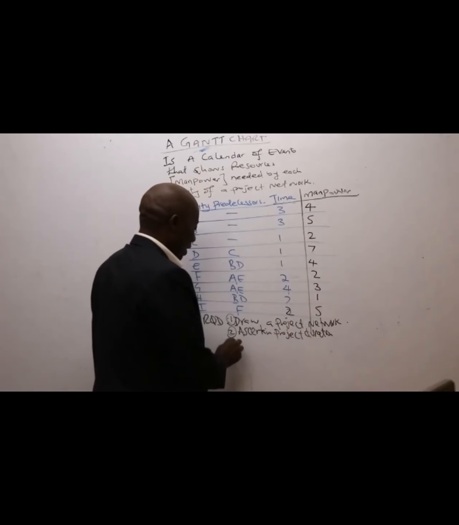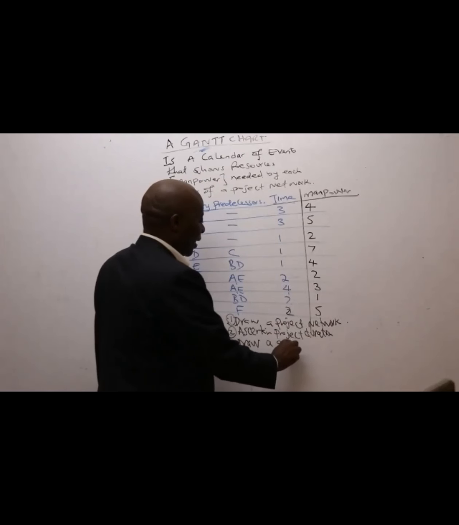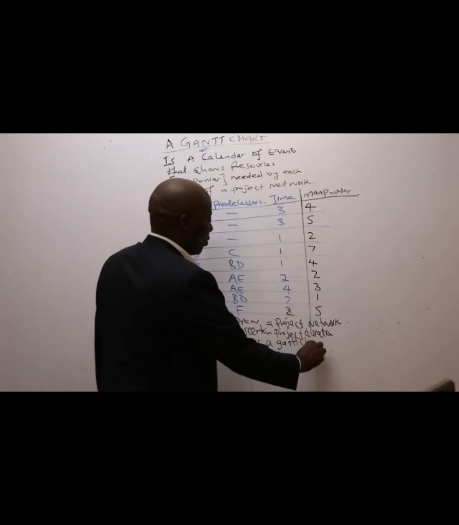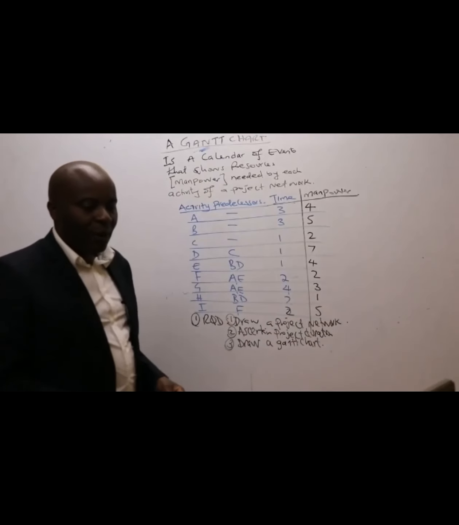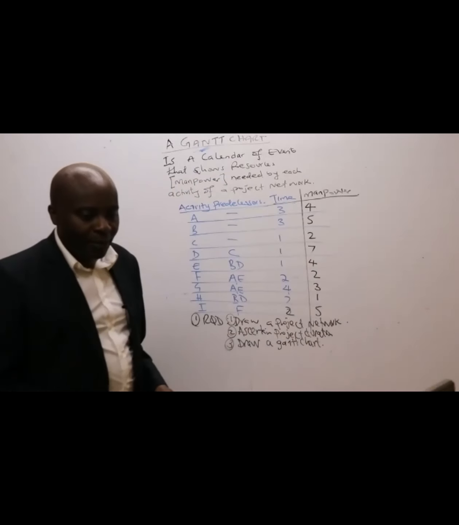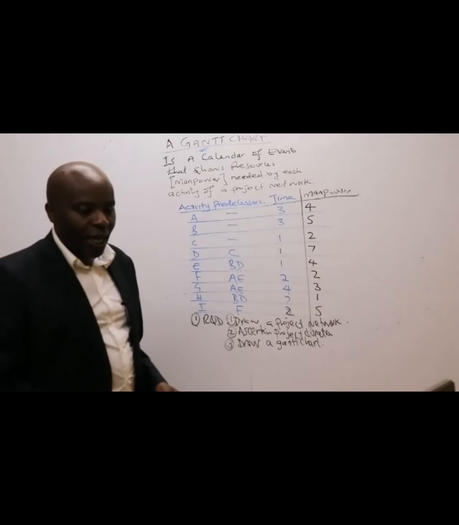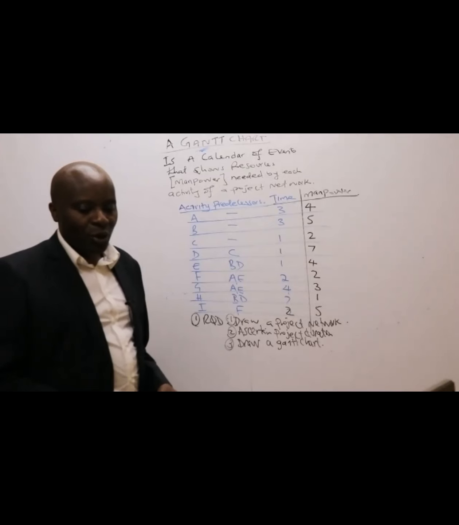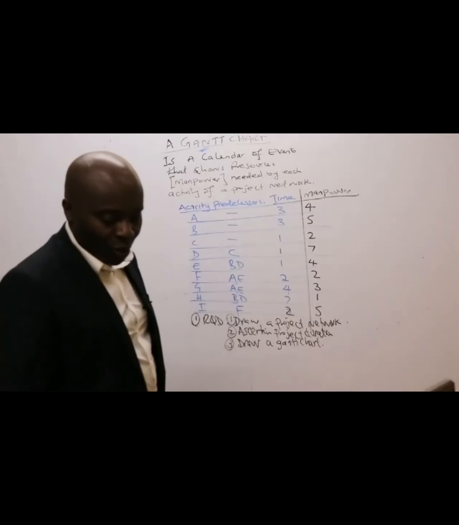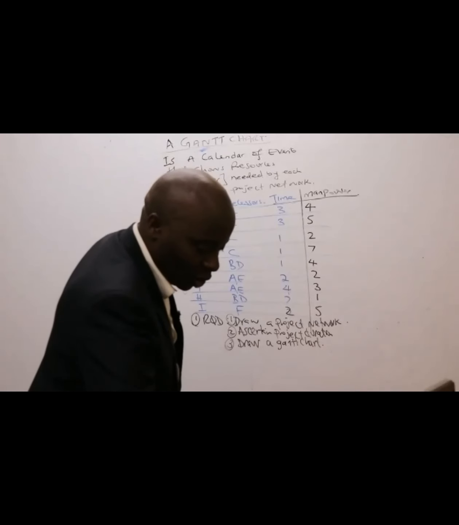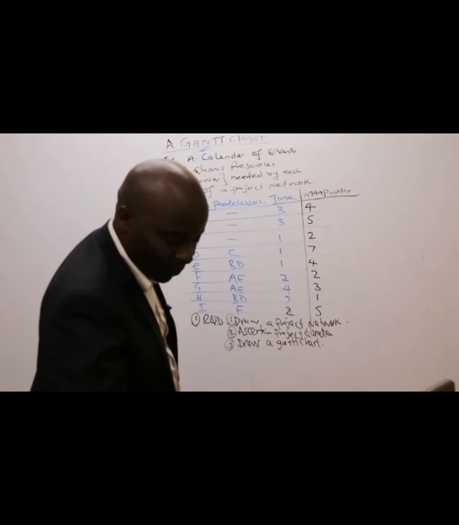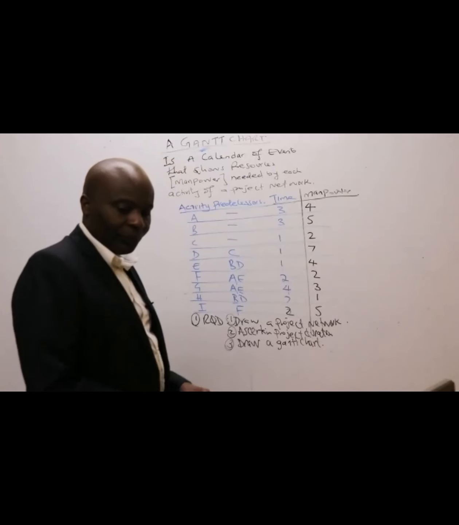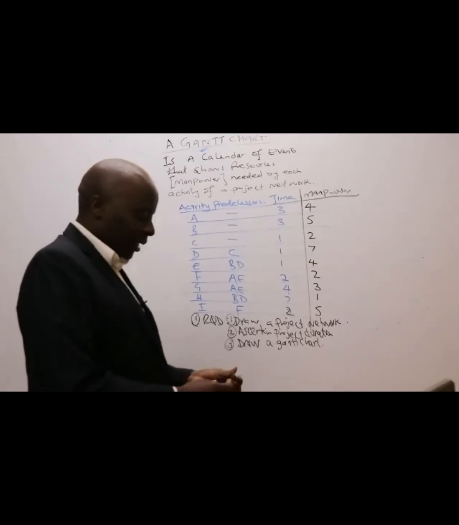And then number 3, they want us to draw a Gantt chart. So they want us to draw a project network to ascertain the project duration, and then we draw a Gantt chart.